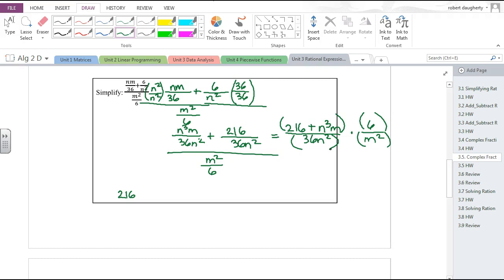So 216 over 6m squared, so that just becomes a 6. That's the only thing you can do. So you copy down everything else. So 216, yeah, that's as far as we can go.